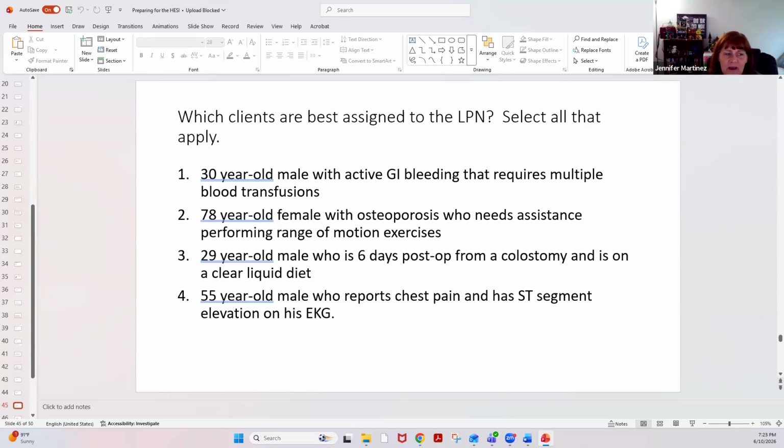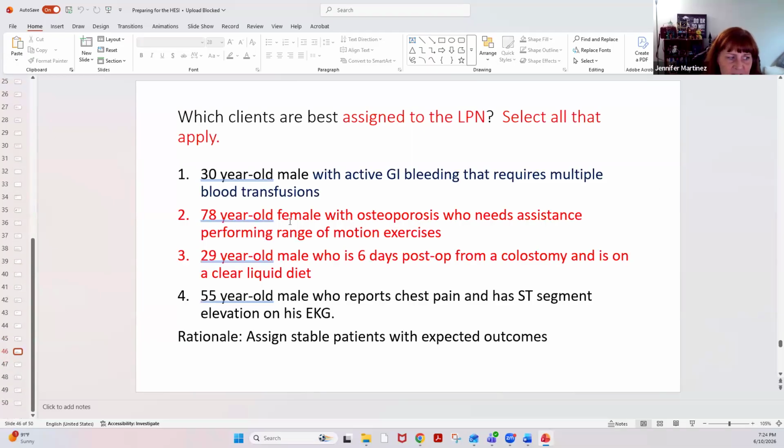Or we have a 55-year-old male who reports chest pain and has ST segment elevation on his EKG. Which are we going to assign to the LPN? 2 and 3.